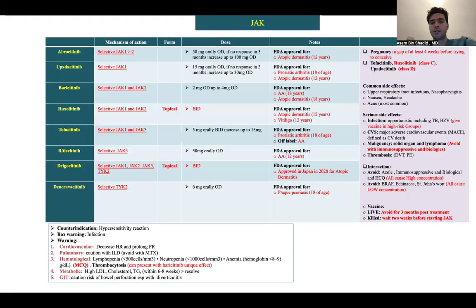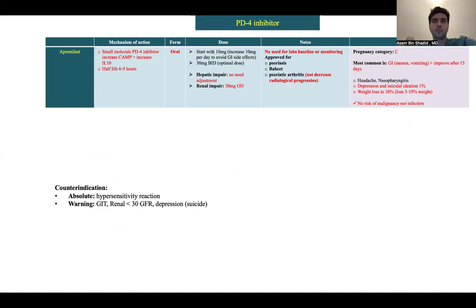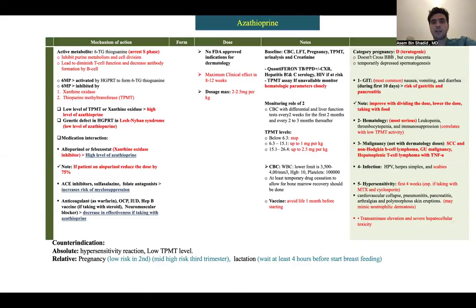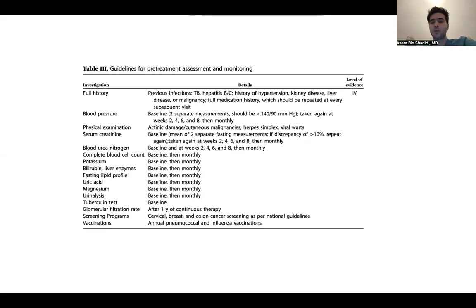Everything you will find in his slide. This is JAK for either psoriasis, atopic dermatitis, or alopecia. So please keep these slides, and I'm really grateful and thankful for Dr. Abdullah Al. I will discuss the most important medication, which is the corticosteroid, okay? So apremilast, immunosuppressives like AZA, cyclosporin, everything you will find here.